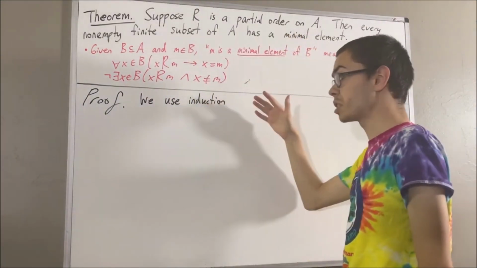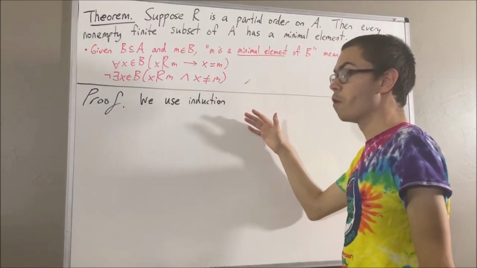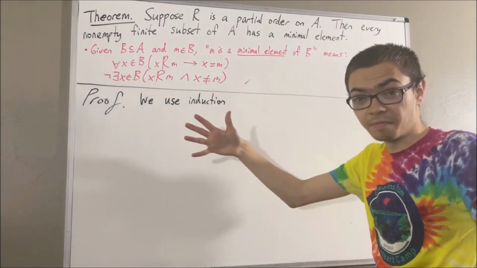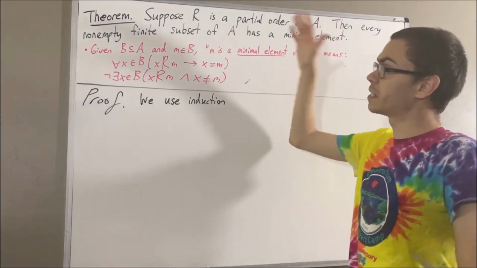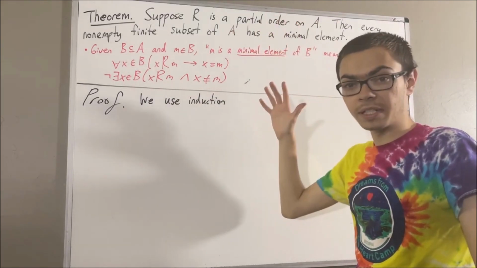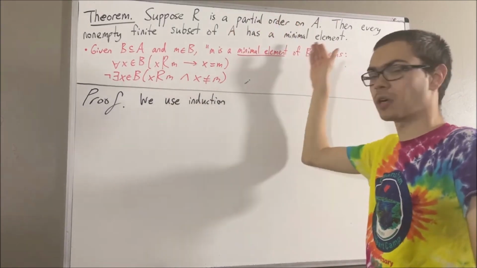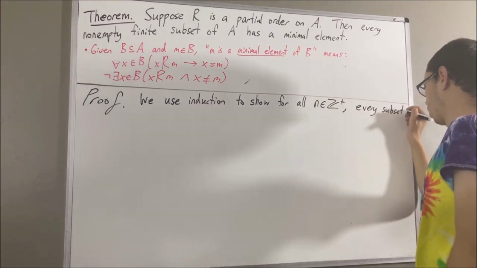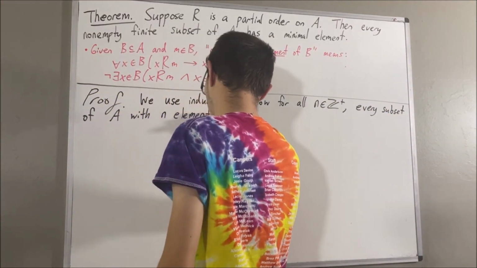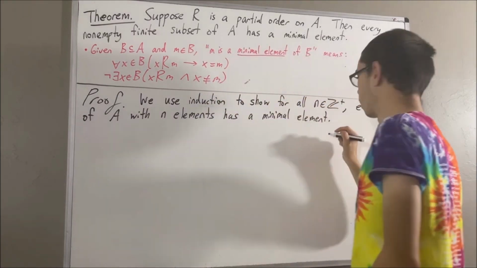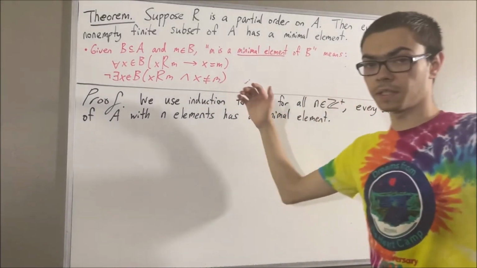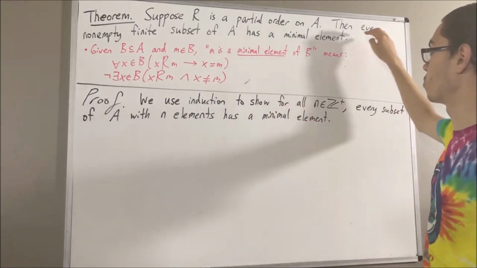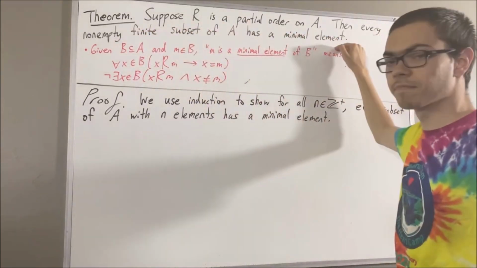And the way we're going to use induction is we are going to show for all positive integers n, every subset of A with n elements has a minimal element. If we can prove this, then that will amount to proving this statement.